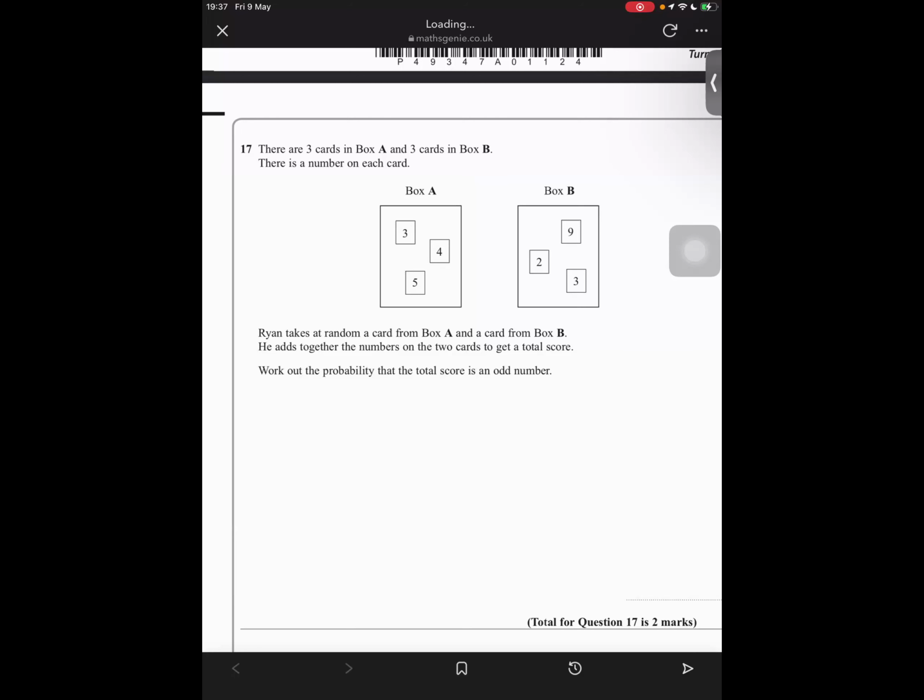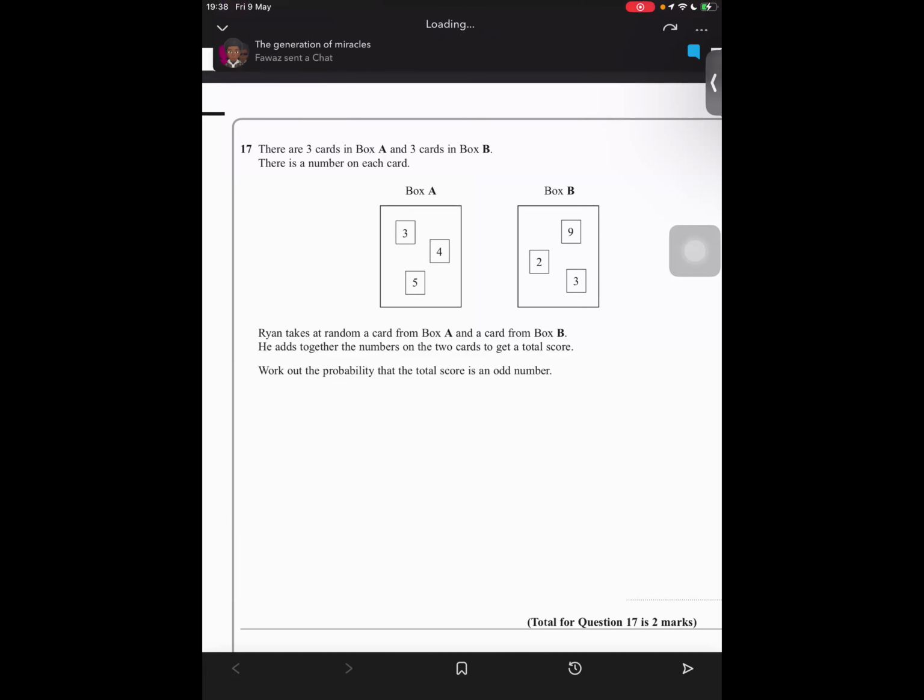Okay. So let's look at it critically. Imagine you pick 3 and 9, 3 and 2, 3 and 3. That's a possibility, right? Yes. Now, I hope you notice I'm not looking at the sum yet.